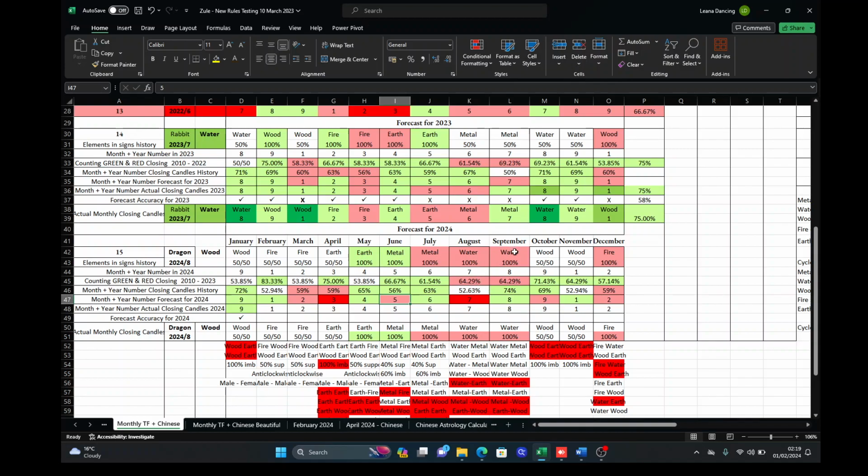And then September is slightly better because the water here is female, and for that reason, and we have some other metrics. The numerology metrics are green, some of them.